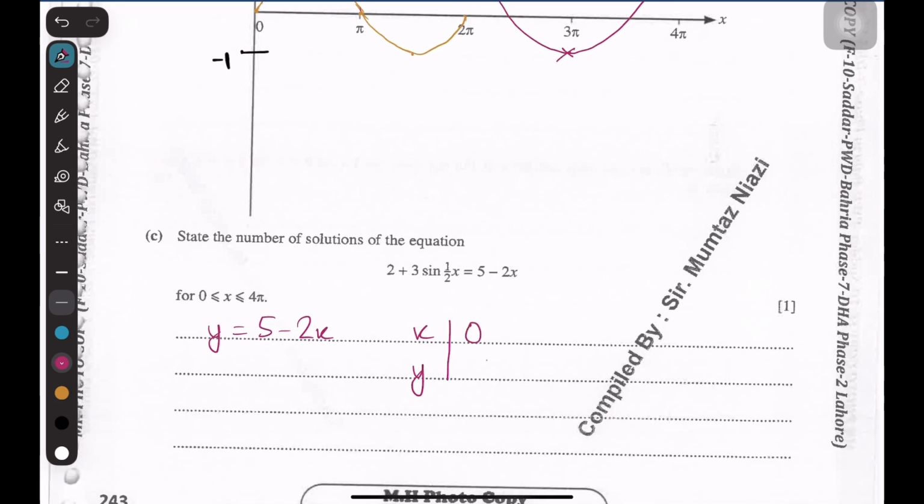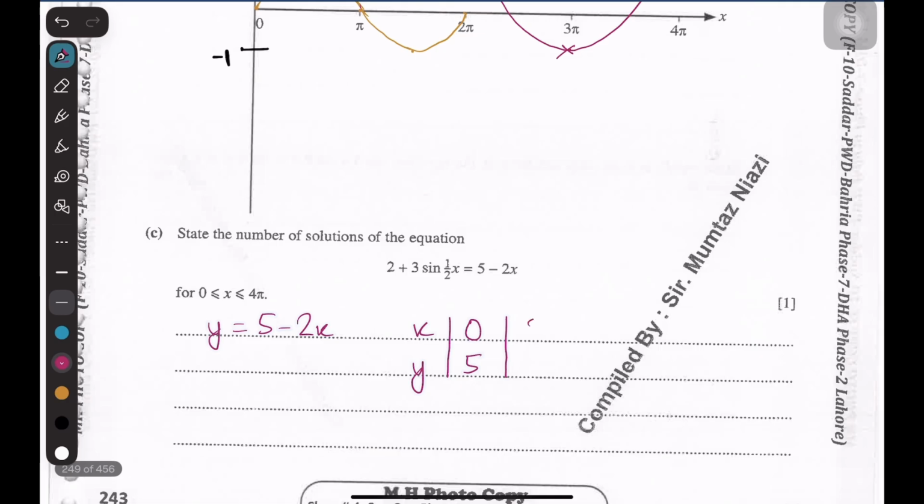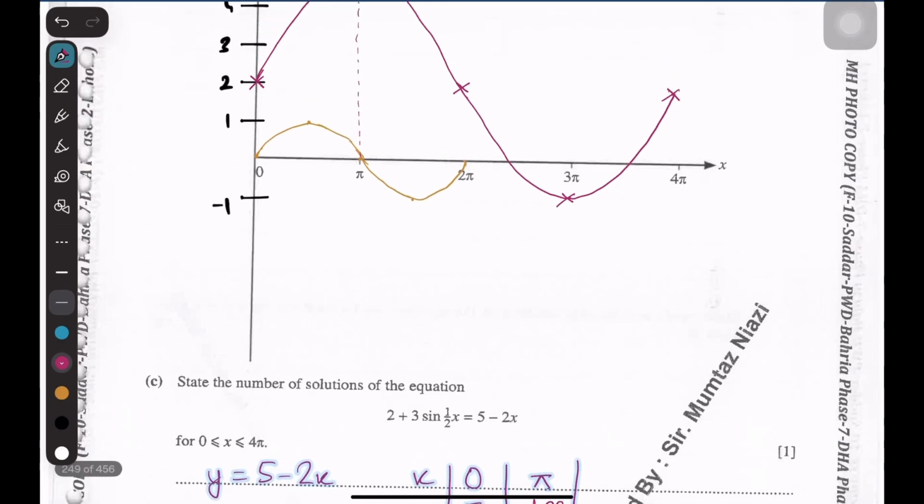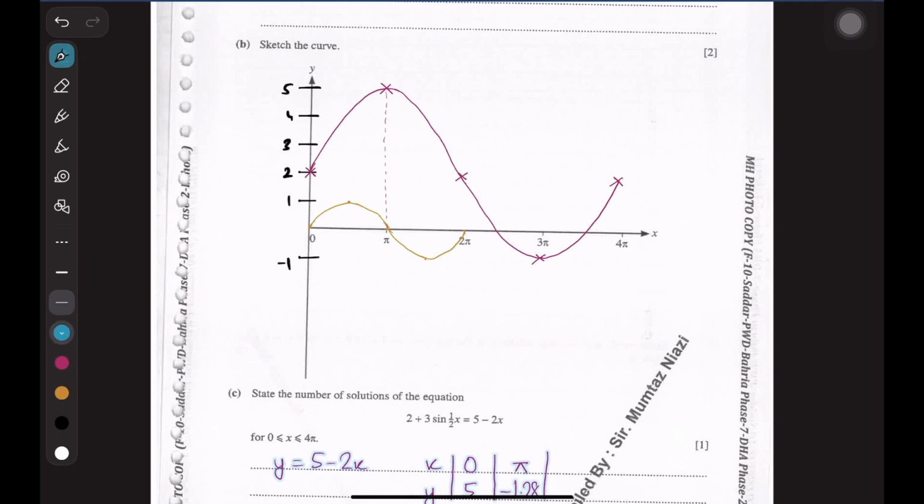When x is 0, 5 minus 0 will be 5, and let's say when x is 2 pi, 5 minus 2x will be 5 minus 4 pi, which is about -7. Okay, this will be difficult. Let's try pi. This is -1.28. So let's do this in blue.